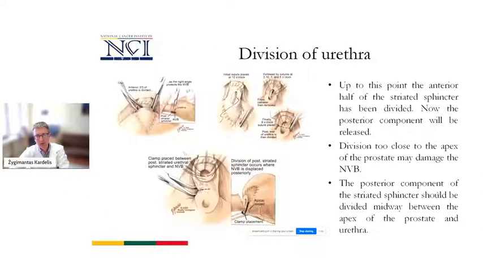Division of the urethra: up to this point, the anterior half of the striated sphincter has been divided. Now the posterior component will be released. Division too close to the apex of the prostate may damage nerves. The posterior component of the striated sphincter should be divided midway between the apex of the prostate and the urethra.